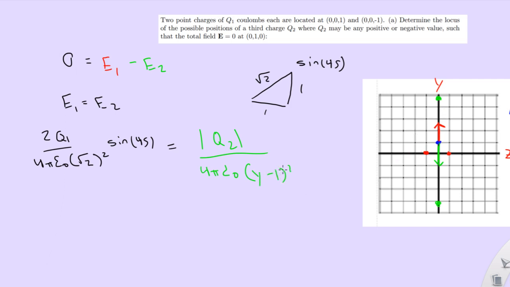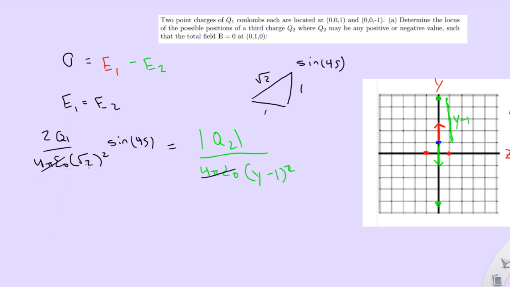We know it's going to have some distance y, but now it's going to go 1 less than that distance. Why is it 1 less? Because this is up 1. So all we know is this is just going to be a y minus 1 distance. Really simple way to get your r. So now we have that figured out. 4 pi epsilon naught is going to cancel on this side and that side.